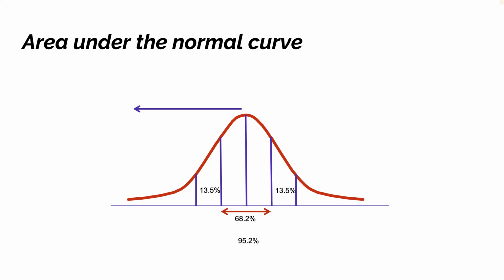So we're going to a higher level of precision than the previous graphic. So technically we're talking 68.2% being one standard deviation from the mean, and then a total of 95.2% being two standard deviations from the mean.